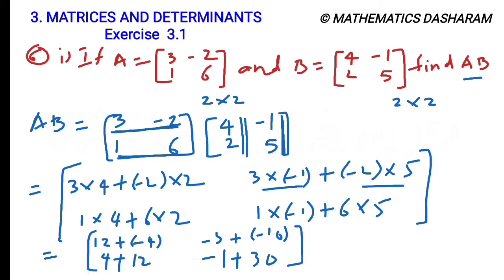So now the final answer is 12 plus minus 4 is 8, minus 3 plus minus 10 is minus 13, 4 plus 12 is 16, minus 1 plus 30 is 29. So the answer is [8, -13; 16, 29]. What is its order? 2 by 2. Okay.